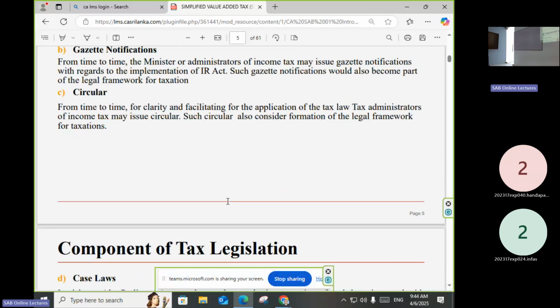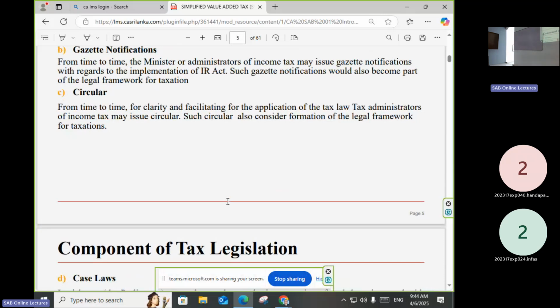Simple example: the law says if a taxpayer wants an authorized representative to act on his behalf, he can take an authorized representative service. Right? That's why tax consultancy is there.